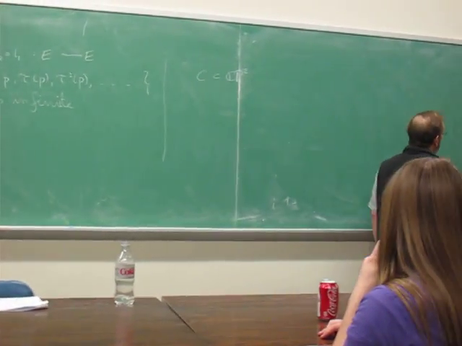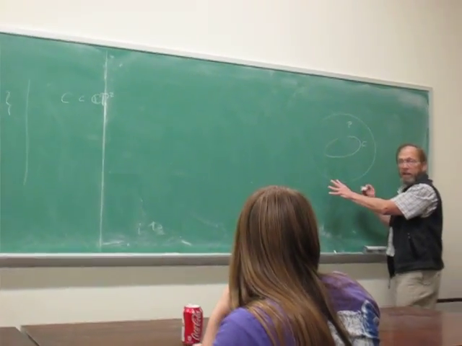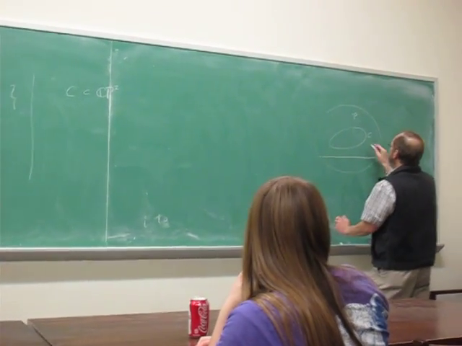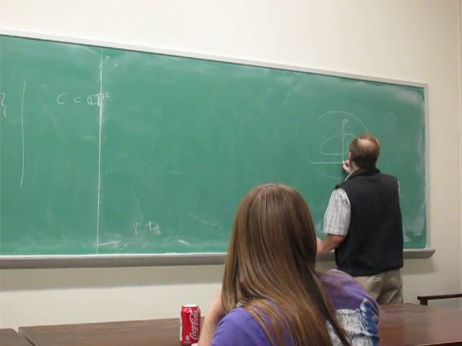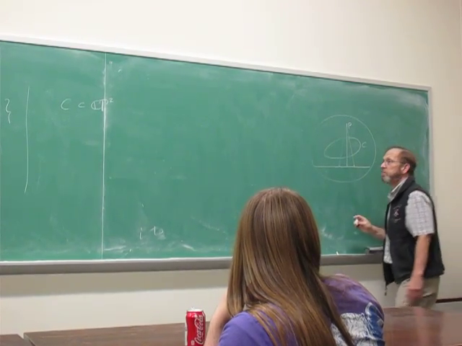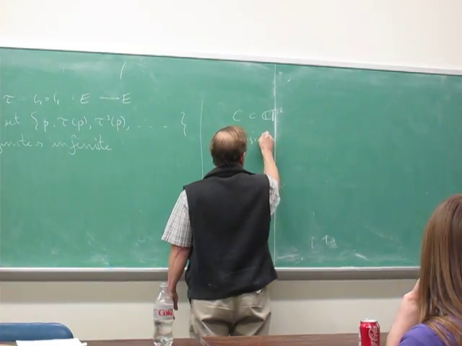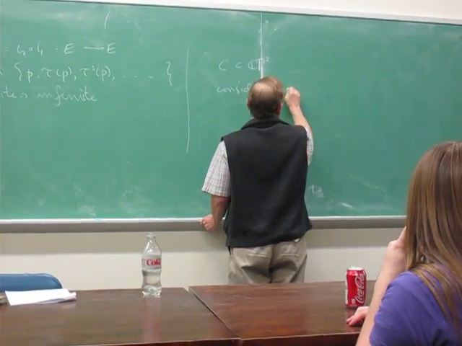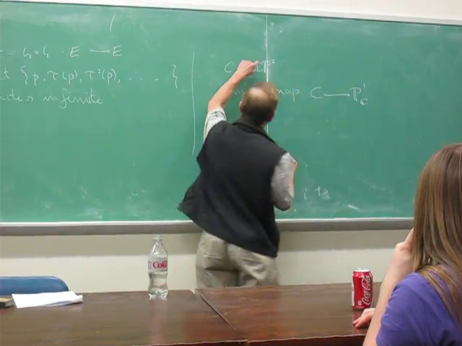Suppose I were to take a point P lying off the curve C, and project it onto a line from that point. So consider the map from C to P1C.